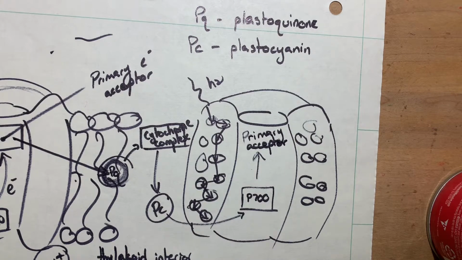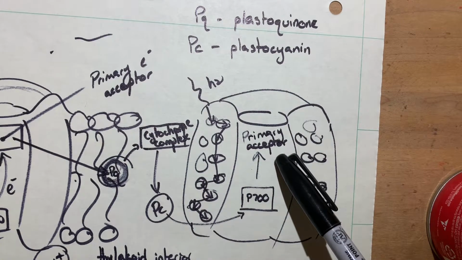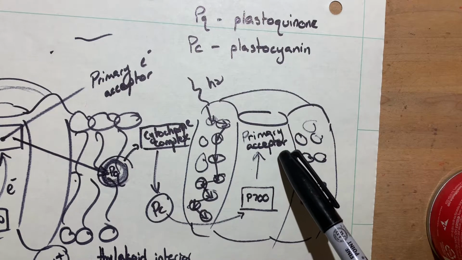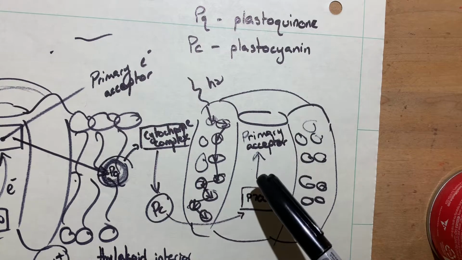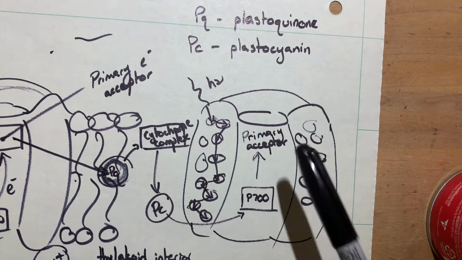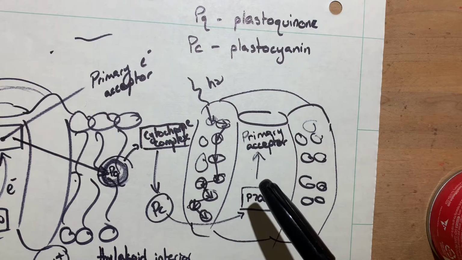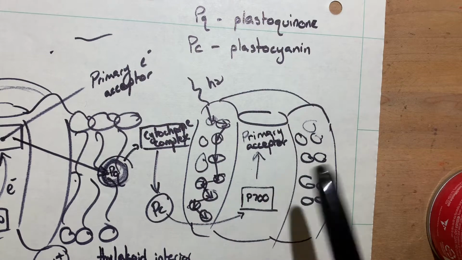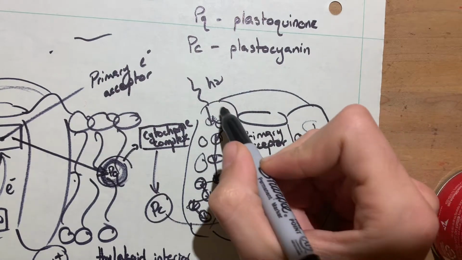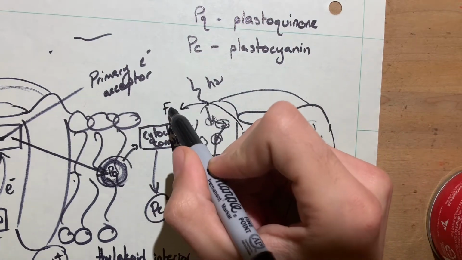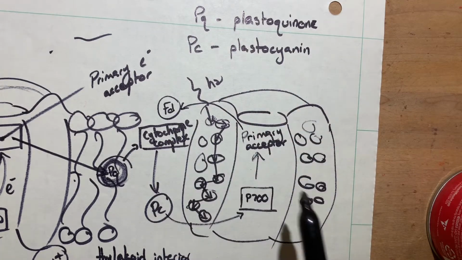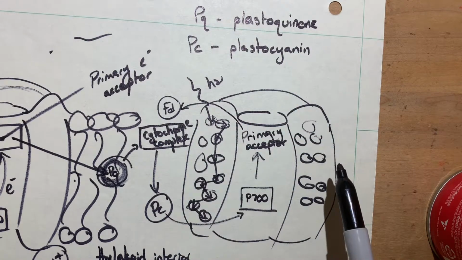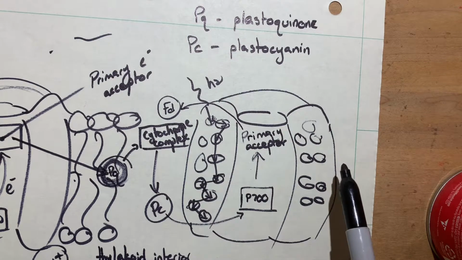And then in a series of more reduction oxidation reactions, the PS1 primary electron acceptor will transfer the electron to a protein called ferredoxin. So if it transfers it to ferredoxin, we don't see NADP+ produced.